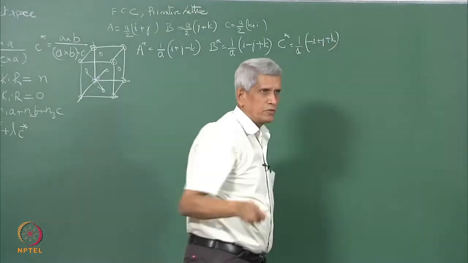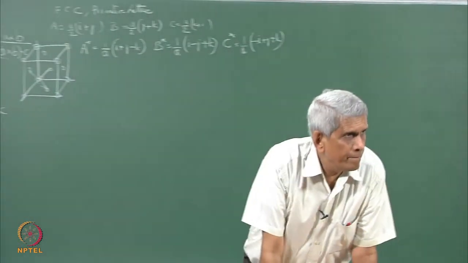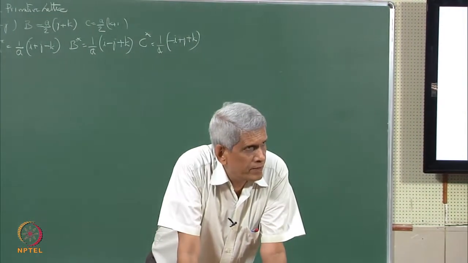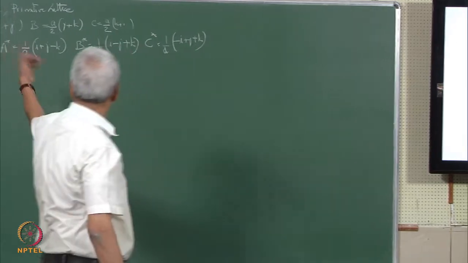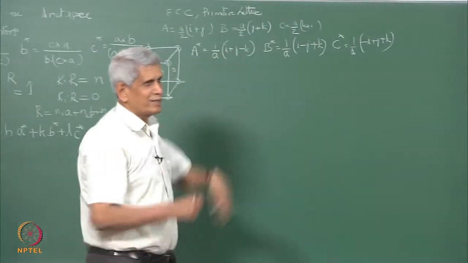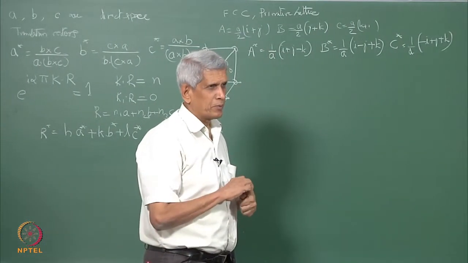This is what the vectors will turn out to be. When you take it, it will just turn out to be this value.